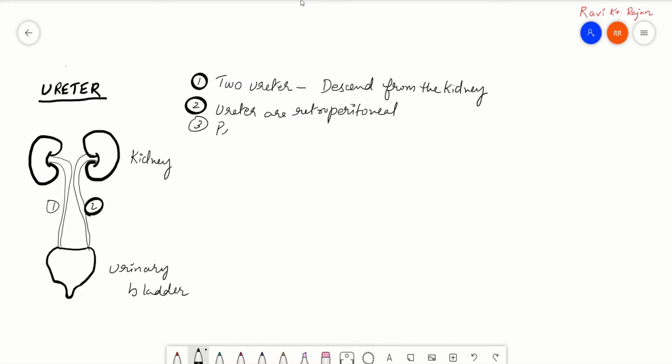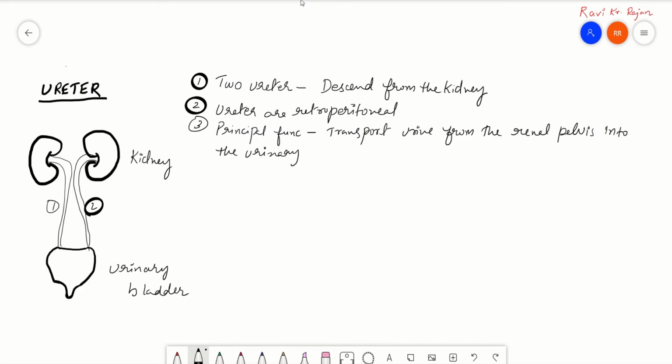So the renal pelvis will be somewhere here. This is the renal pelvis area.